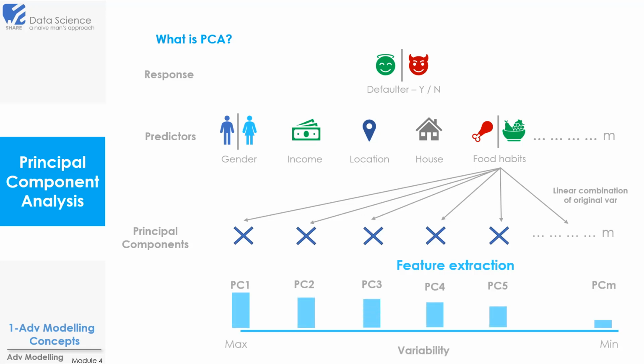Now these variables are ordered based on their importance. What I mean by importance is that principal component 1 will explain our response variable the most. Then principal component 2 will explain after PC1 and so on. So they are ordered based on how well they explain our response variable or the variability captured.